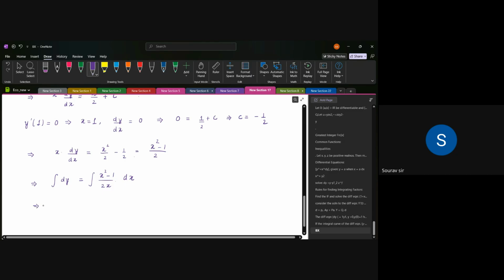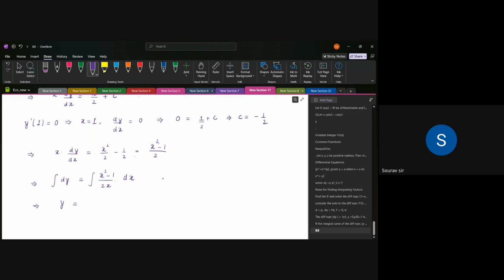So the left hand side is direct. What about the RHS? How to integrate this? Sir, x square by 4 minus half ln x plus c1.